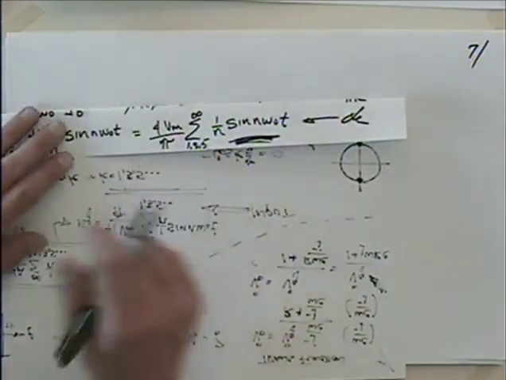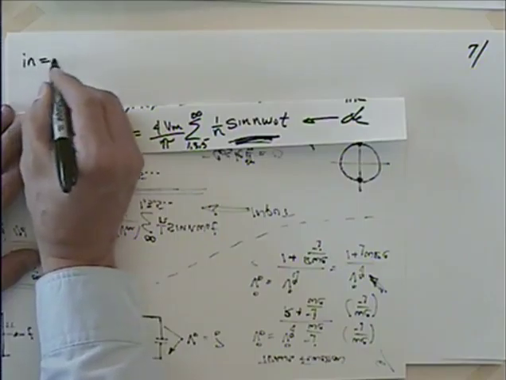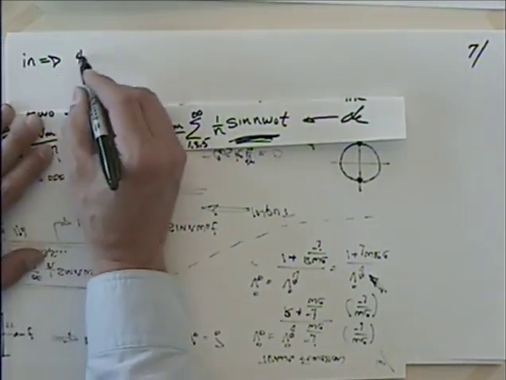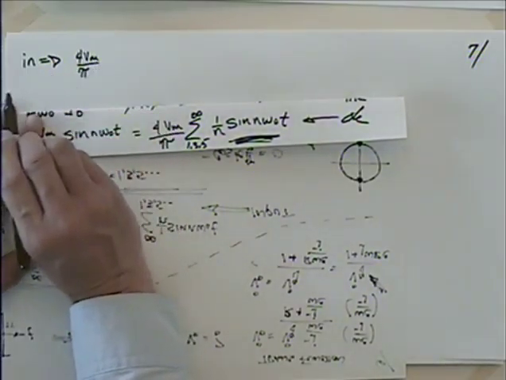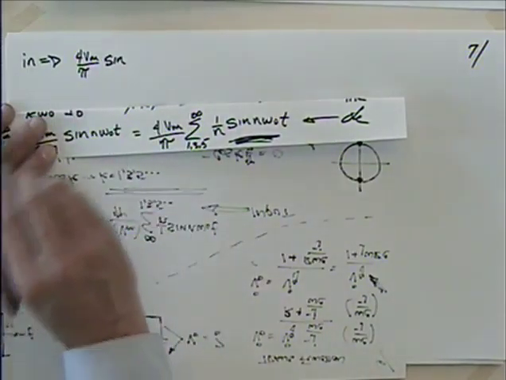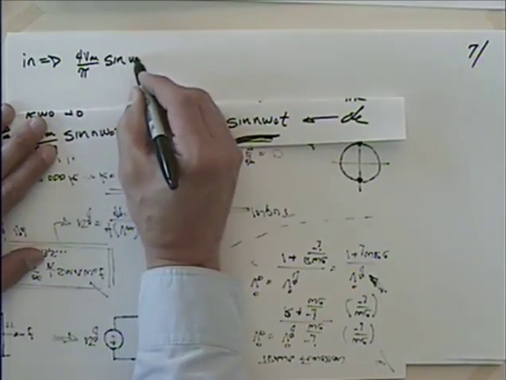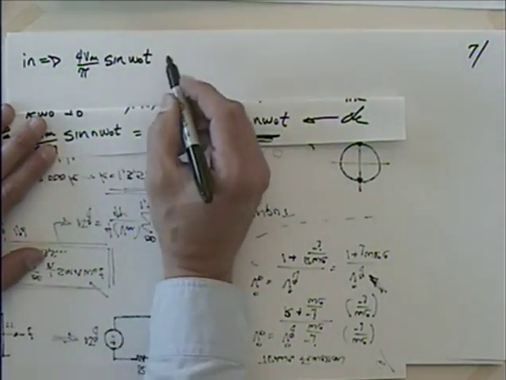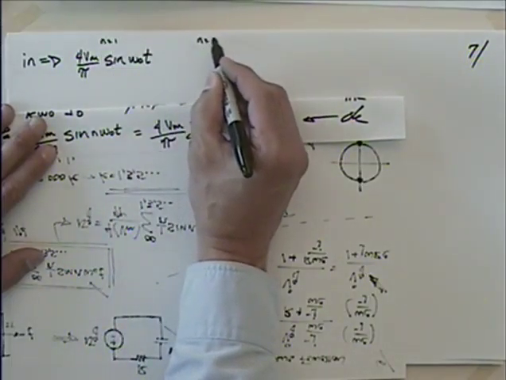So I'm going to say that the input signal, this is what's going in, is going to be, I've got 4 Vm divided by pi times the sine, when n is equal to 1, right? I'm going to have 1 over 1, so I'll just have sine of 1 omega naught t, right? So that's with n equals 1. So now n is equal to 3.